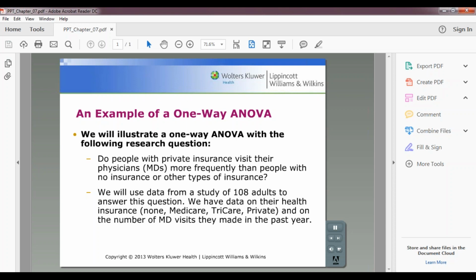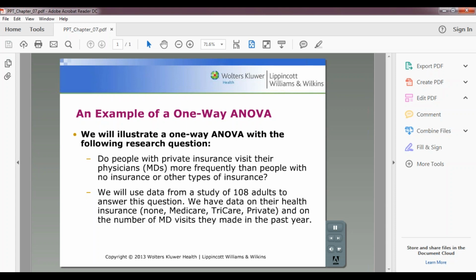So do people with private insurance visit their physicians more frequently than people with no insurance or other types of insurance? So essentially we're looking at our outcome variable, which would be visits to physicians, so that's our outcome. And then we're going to parse them out through our grouping variable by looking at different types of insurance. So in this example, we use data from 108 adults to answer this question.